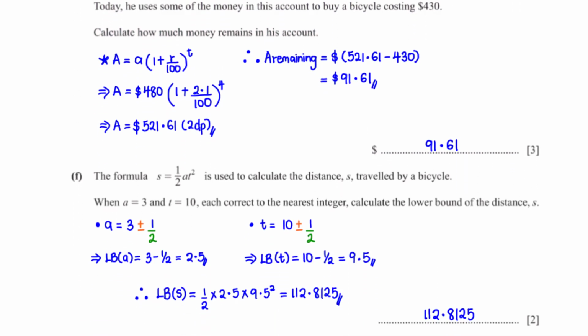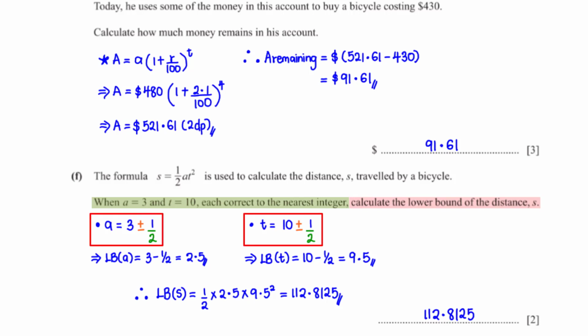The formula S equals half AT squared is used to calculate the distance S traveled by a bicycle. When A is 3 and T is 10, each correct to the nearest integer, calculate the lower bound of the distance S. When we correct 3 and 10 to the nearest integer, we take plus and minus 1 and divide 1 by 2.